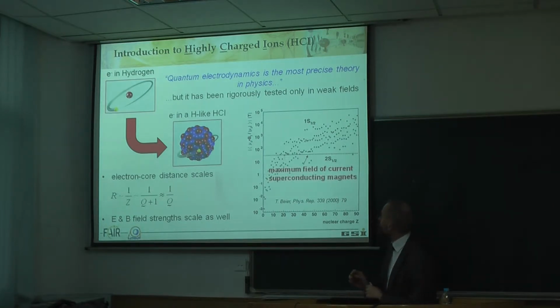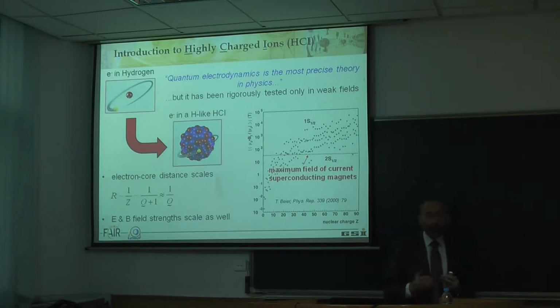And here you can see the sort of magnetic field that you can get with a magnet. But if you go close to the nucleus in a highly charged ion, then you can get much higher fields. You can see these strengths up here. You can get higher fields, and that allows you to test different components in QED.